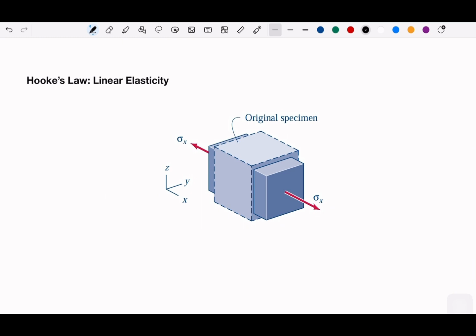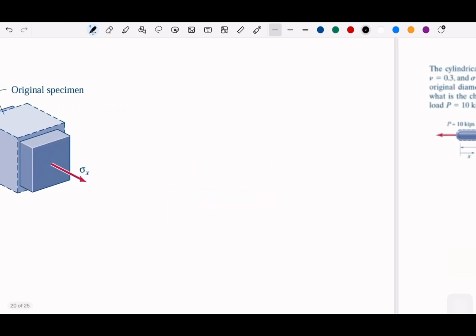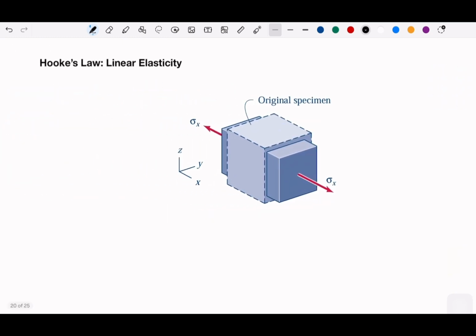We are going to connect this to the Poisson ratio, I think. So Hooke's law basically works in the elastic region, right? The elastic region is where sigma over strain is equal to E, and E becomes our standard.